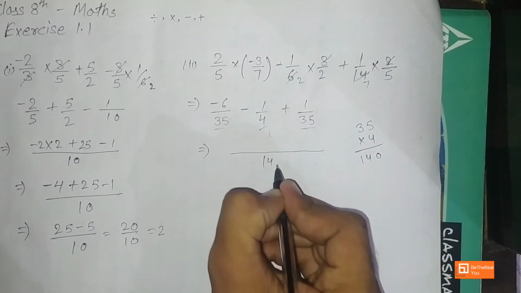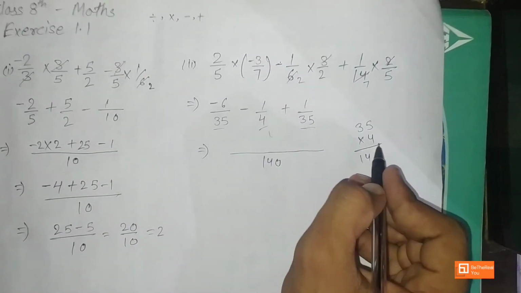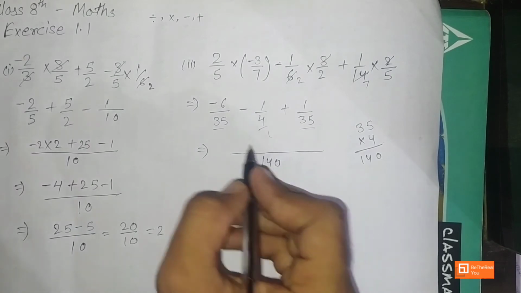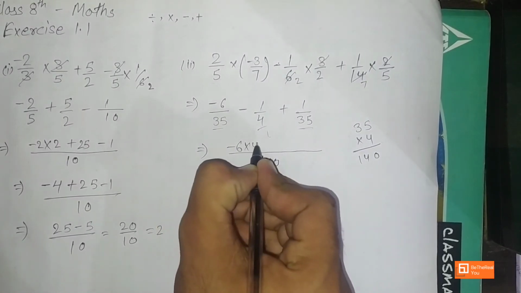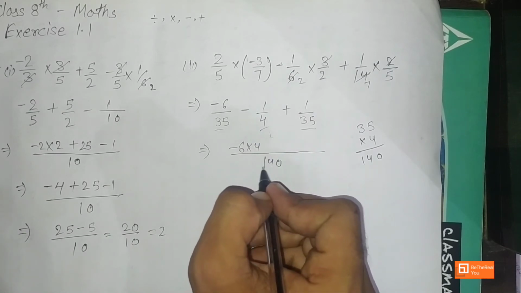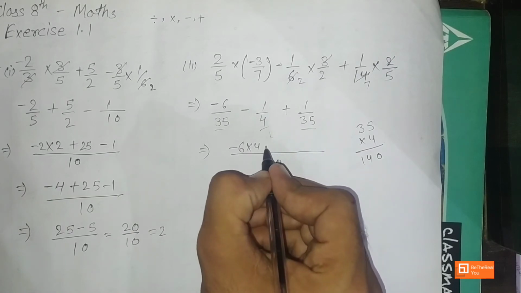So we will get 140. 35 fours are 140, because we have multiplied it with 4, so it will be divided 4 times only, and minus 6 multiplied with 4. If you divide 140 by 4, it will be 35 times.